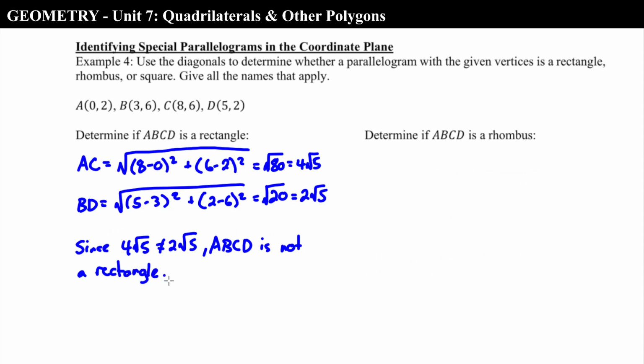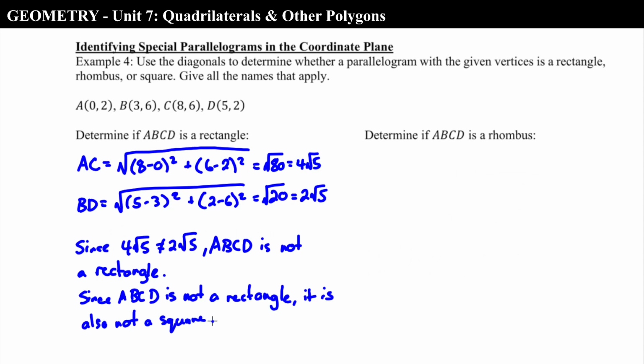And we can even go further than that. ABCD is also not a square, since ABCD is not a rectangle. It is also not a square. Okay, so now all that's left is to determine if it is a rhombus.